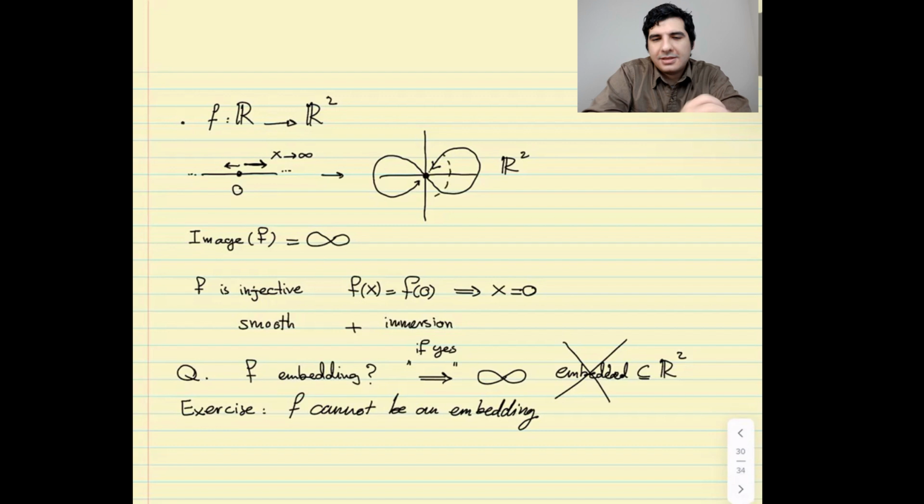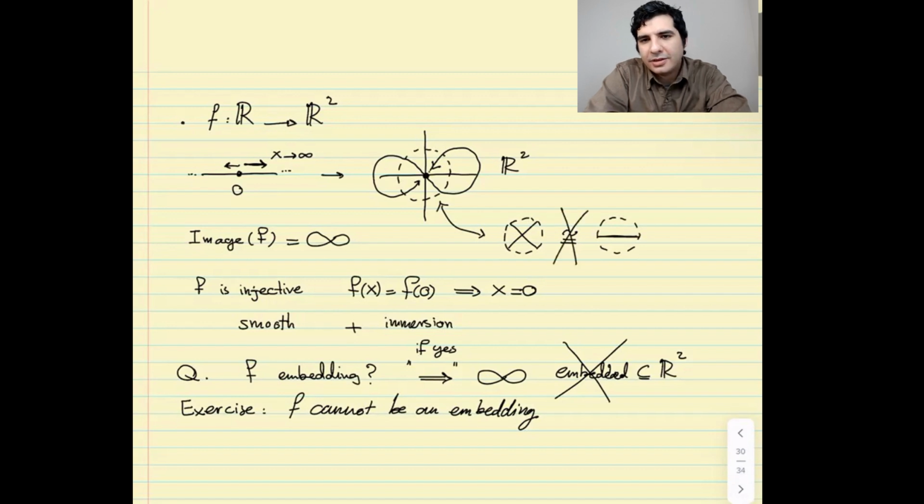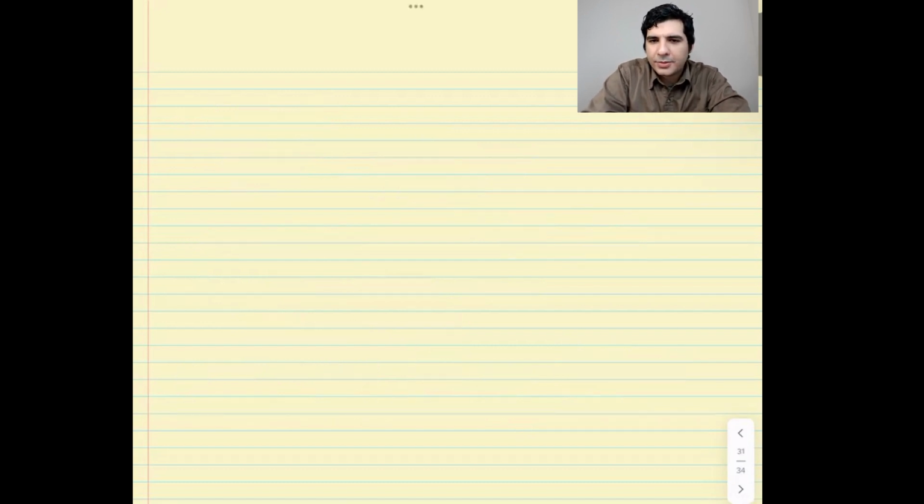It looks like a cross inside R2. So F cannot be an embedding, but it's nice to try to verify that directly, right? So a neighborhood of 0 intersect the figure 8 like this. And this is not diffeomorphic to an open subset of R inside R2. There is no such diffeomorphism. Okay, great. So the upshot is that figure 8 is not an embedded submanifold of R2.